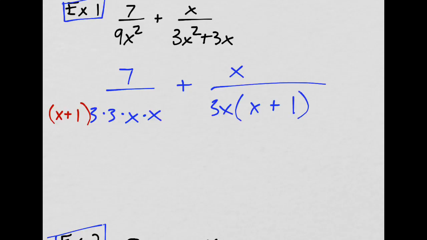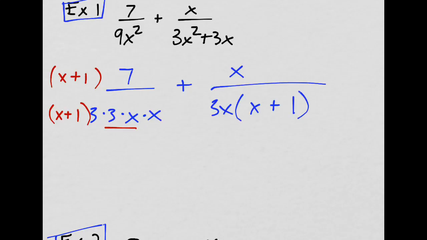I'm not saying that you didn't say it. Because look, I have a 3x. That's that part. What is it missing? It's missing the x plus 1. So I multiply by an x plus 1 there and an x plus 1 there.